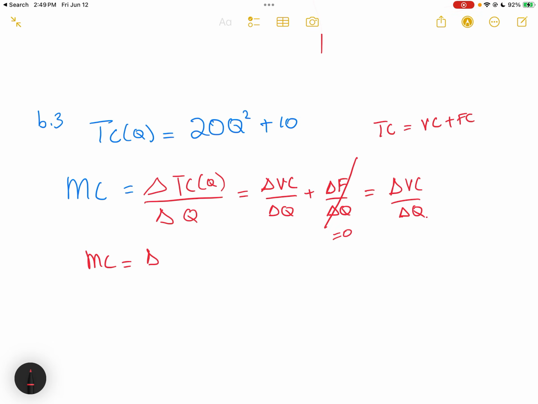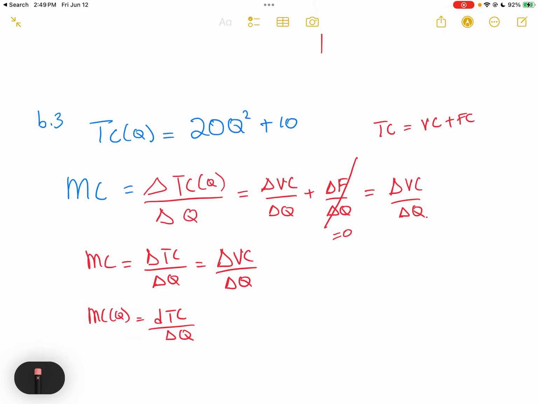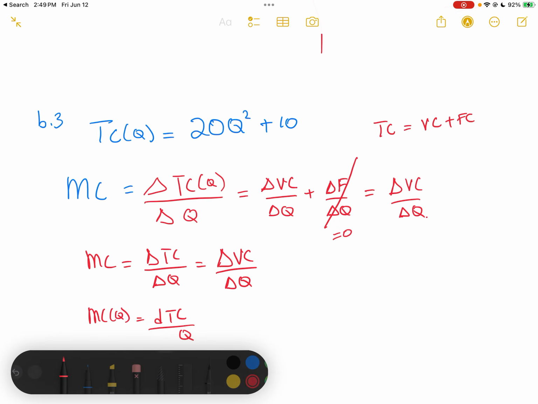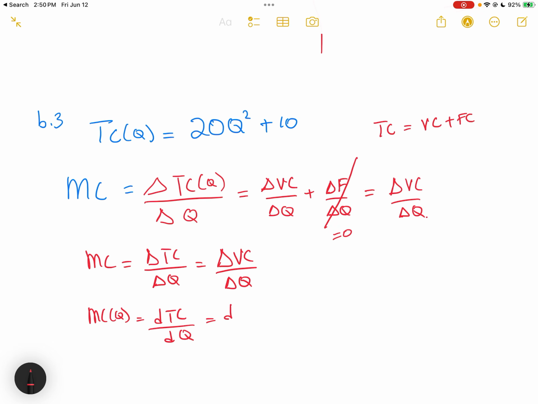Marginal cost is calculated as change in total cost over change in Q, or change in variable cost over change in Q. And using the derivative symbols that I have been using, this will be equal to dTC dQ equals dVC dQ.